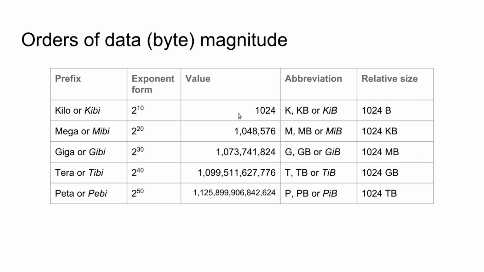Now their actual decimal values are listed here, but that's not nearly as important as the concept of the order of magnitude that we're talking about, unless you really are looking for the specific number of bytes. In which case, I recommend that you look for the number of bytes and not for something with these prefixes, because the prefixes have some ambiguity.